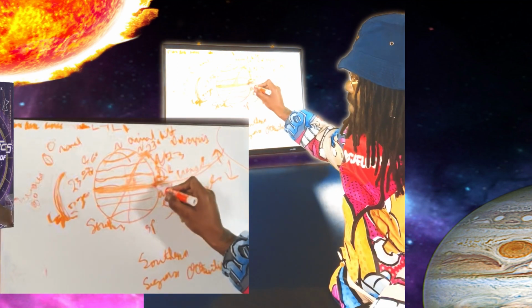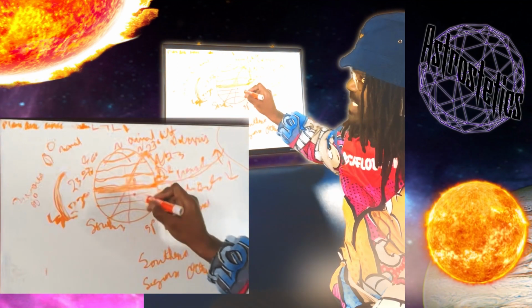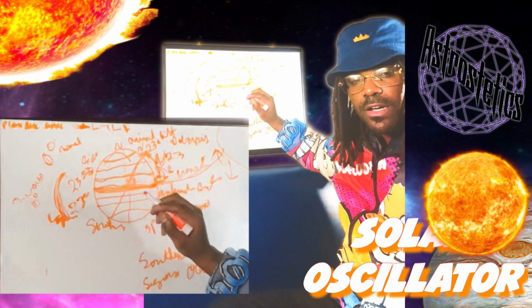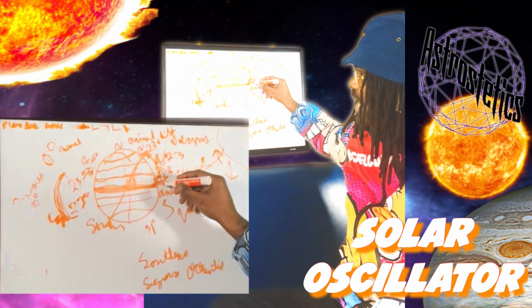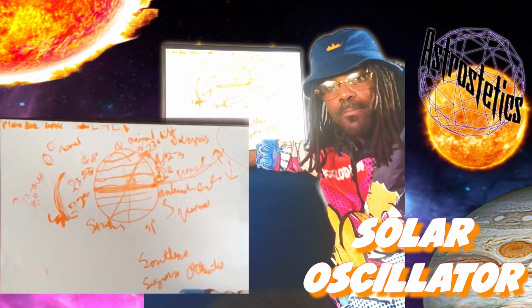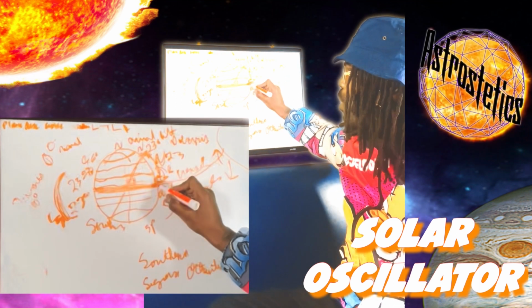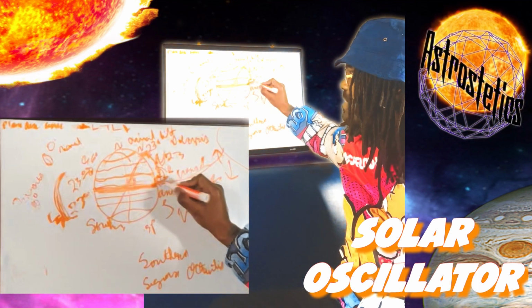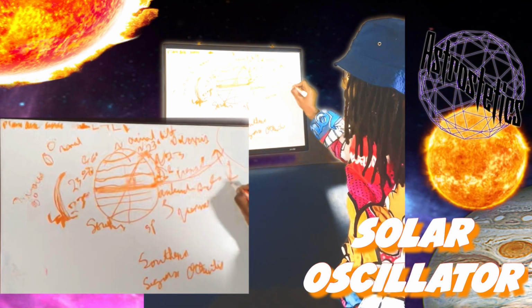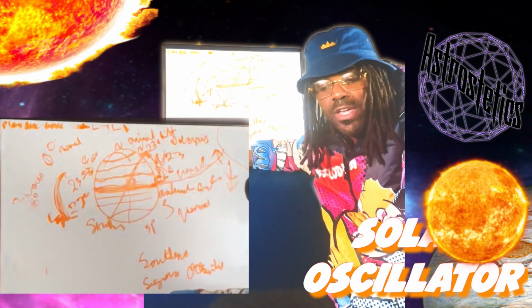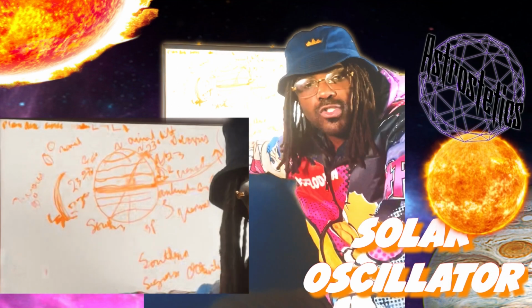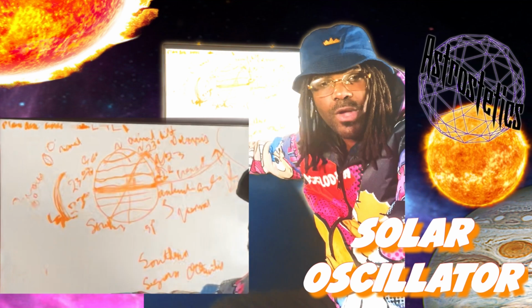So when it's our fall season in the northern hemisphere, the sun is by the equator again, but this time the sun is going downward. All right, the sun is going downward now, right? So this is the difference between the vernal equinox and the autumnal equinox.